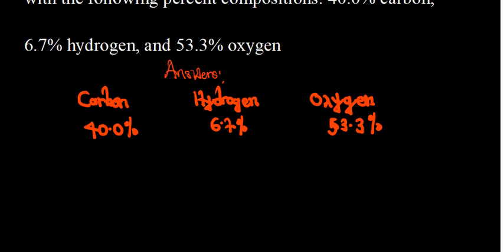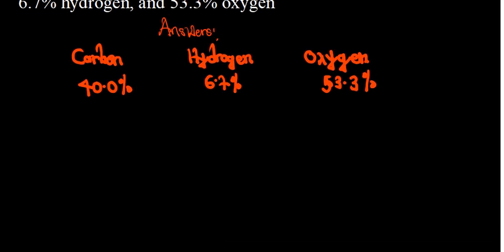So we can equally say these are just the masses, or the amounts present in this compound. We had 40% of carbon, 6.7% of hydrogen, and 53.3% of oxygen present in this compound. So here we've got the 40, and then the hydrogen, and then the oxygen.